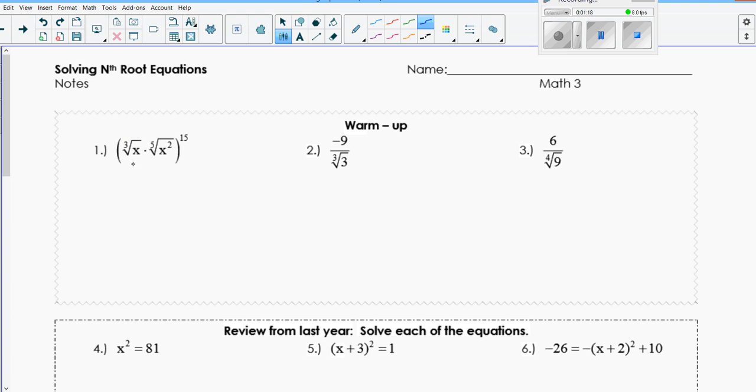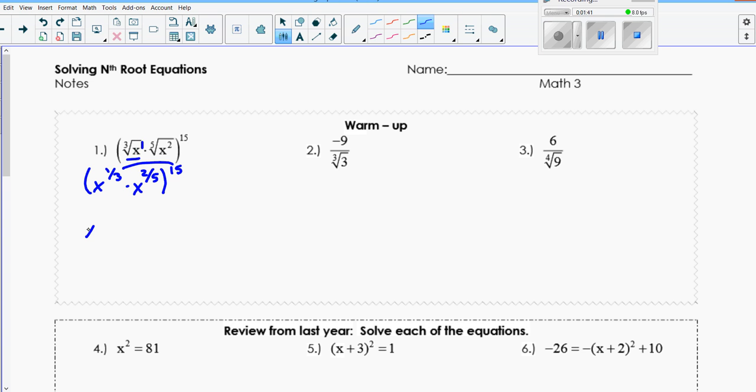But what we can do is we can rewrite each of these. So this, that's a 1 right there, is the same as x to the 1/3 power times x to the 2/5 power. And then this whole thing is raised to the 15th power. And then this 15th gets multiplied in here.